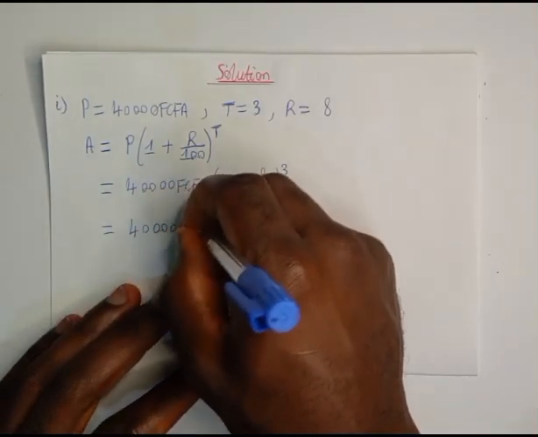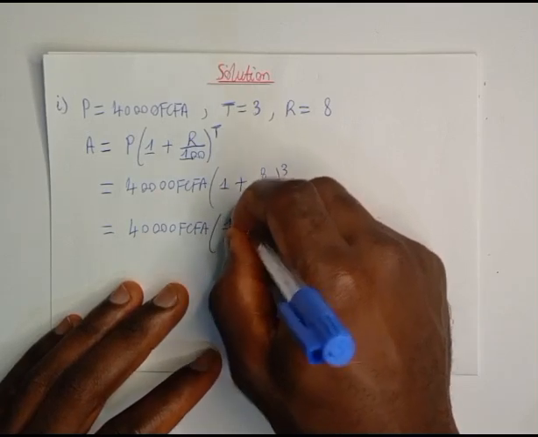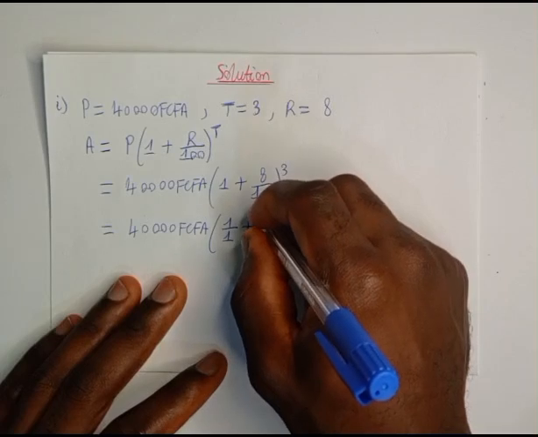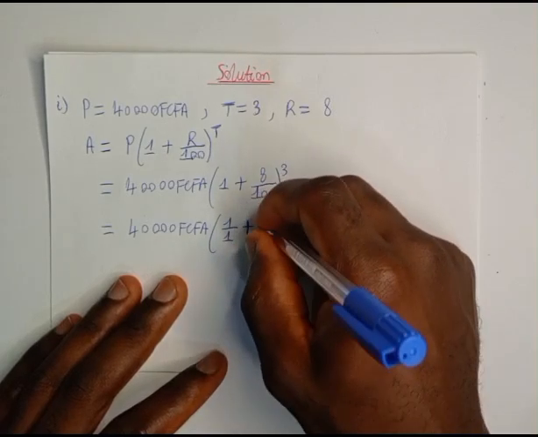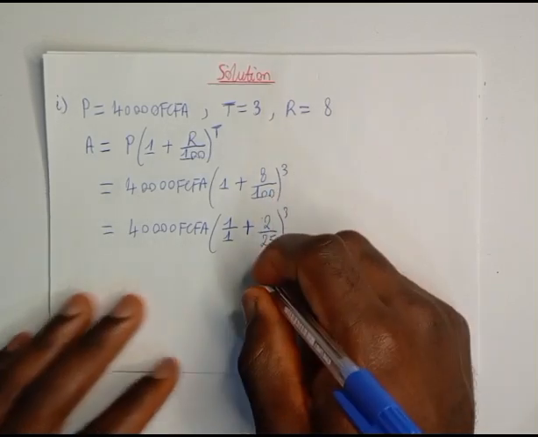This will simply be equal to 40,000 francs CFA times, the number 1 can be expressed as 1 over 1, plus simplifying 8 over 100 gives us 2 on 25, all this cube.